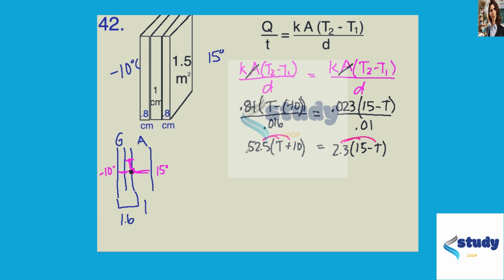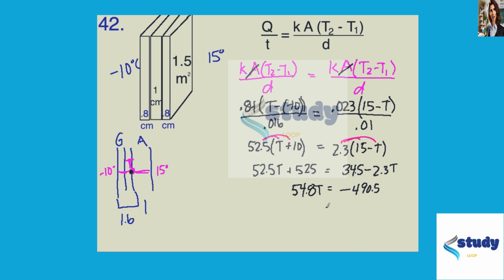So I get 52.5 T plus 525 equals 34.5 minus 2.3 T. I get my like terms together and bring my T's over here, so I add and get 54.8 T. Bringing the other term over, I get negative 490.5.